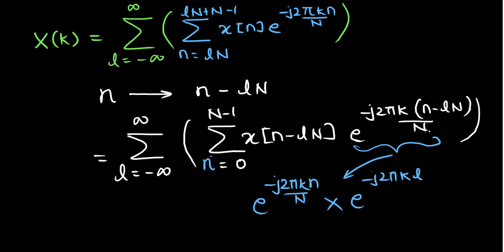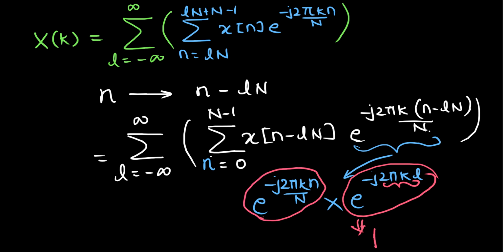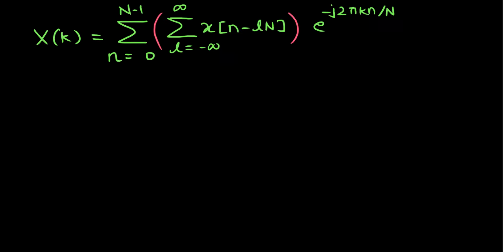So if we observe carefully this complex exponent, this is basically an integer multiple of 2 pi, and the value of this exponent is basically 1, and therefore what we are left with is only this part. So we can replace this entire exponent by this simplified version, and one more thing that we are going to do is interchange the position of this summation, and therefore what we get is something like this.